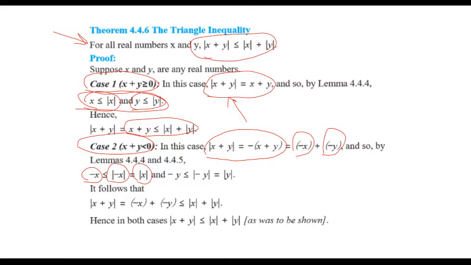Again, we have the same reasoning for negative y: negative y is less than or equal to its absolute value, and the absolute value of negative y is equal to the absolute value of y.